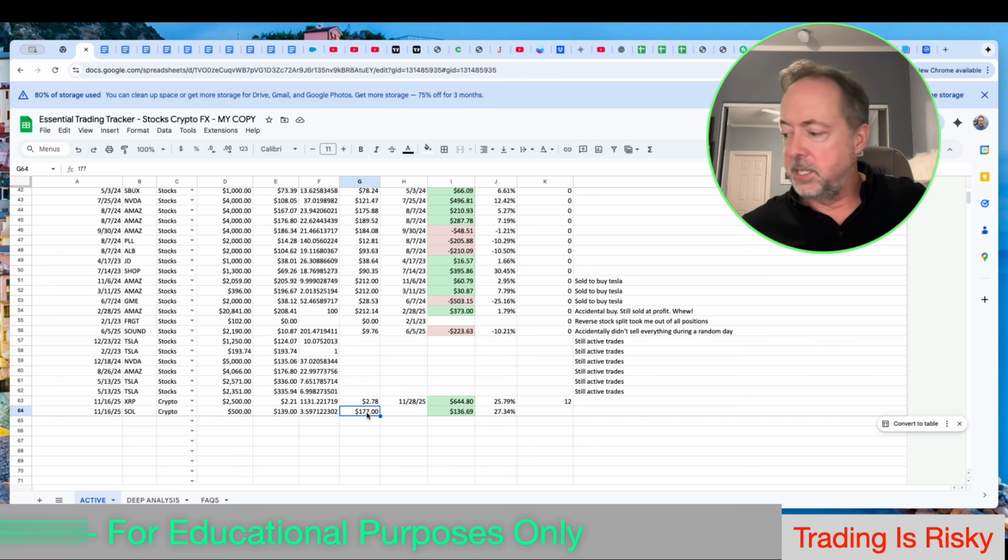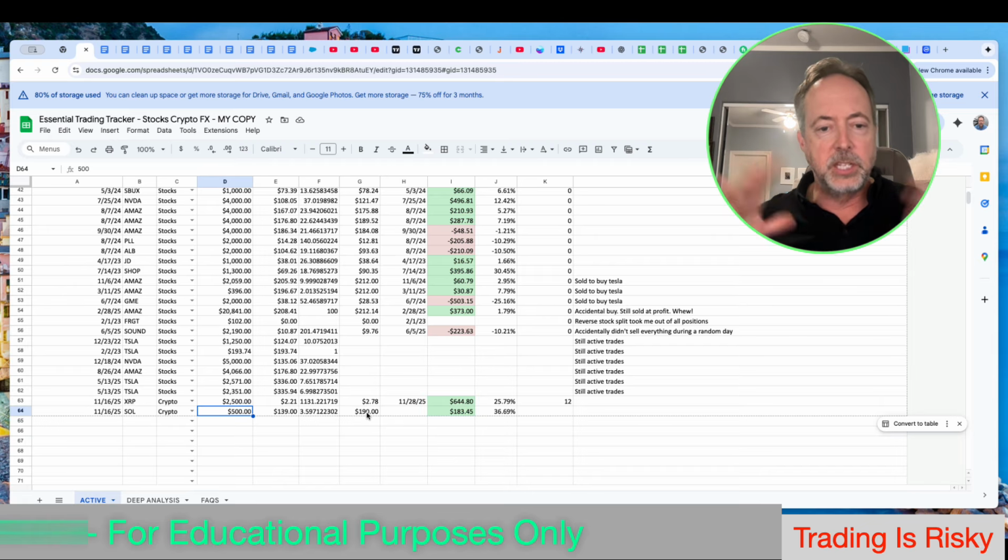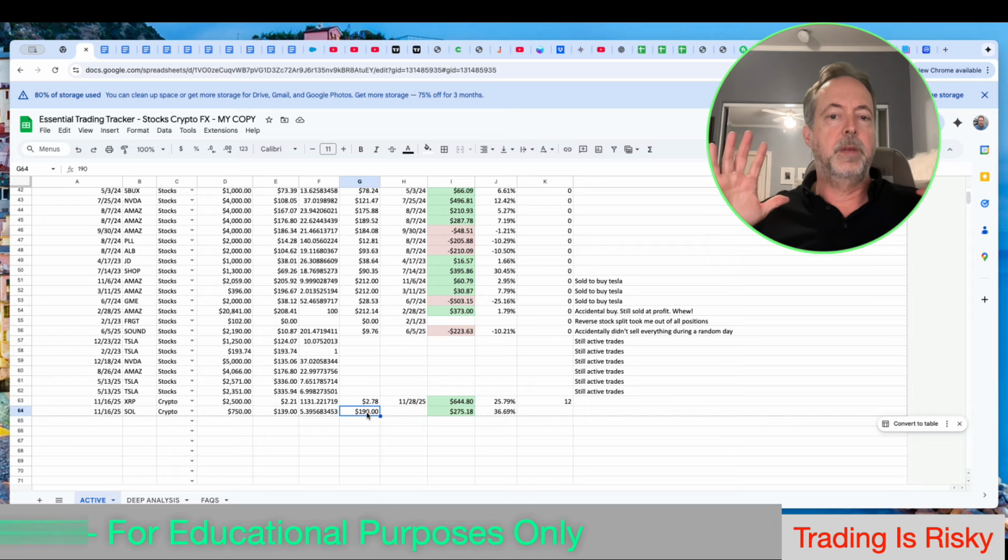If I want to go up to the next line, which was 190, let's calculate it out. Let's say you've got $1,000. Well, let's say 750 bucks. Going up to $190 if it reaches that level. I'm just sitting back, I'm waiting.